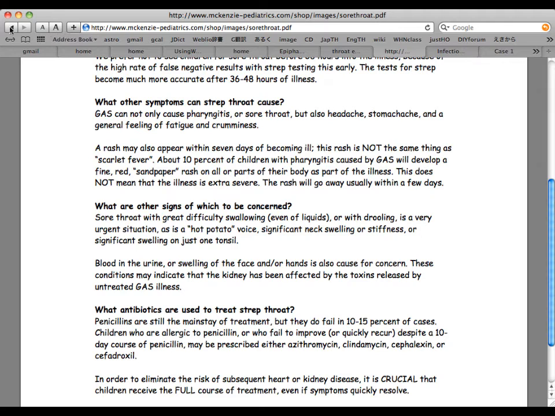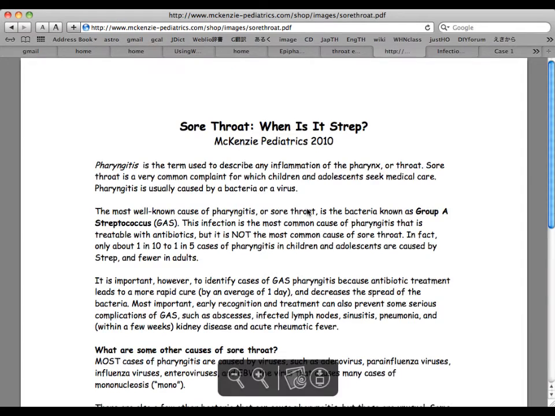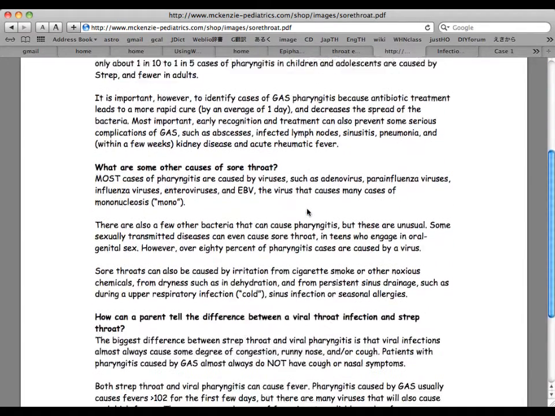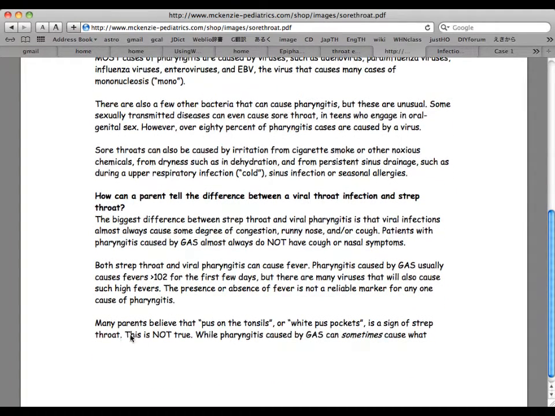I got a list like this, right? And this looks like something that's kind of easy to read. I would have a hard time reading medical reports, but this is easier. I noticed that many parents believe that pus on the tonsils or white pus pockets is a sign of strep throat, and this is not true.